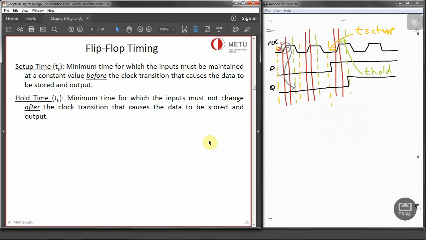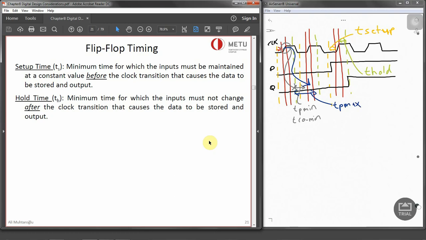And that change can be summarized in two parameters. One of them is the first reaction of the output, which is known as TP min or TO. And the second one is when the output has to be stable. This time is known as TP max, the maximum propagation delay.